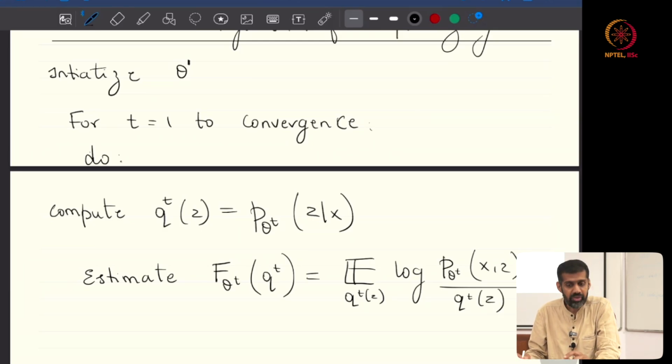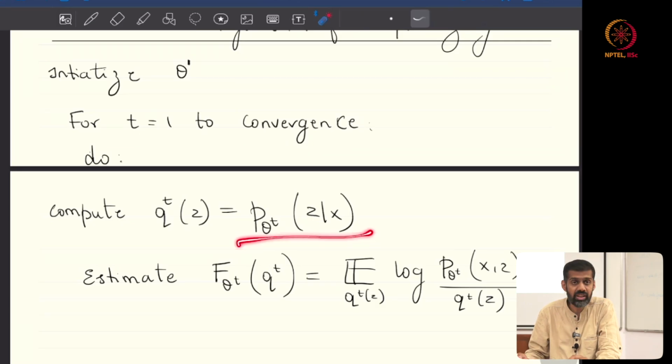So this can be computed. Why? Because we already know what p theta of z given x is. We know what q t of z is. Are you all following what I am saying? Since we know what q t of z is, we can compute this, and since we know this, this entire expectation can be computed. So once you do this, what do you do?